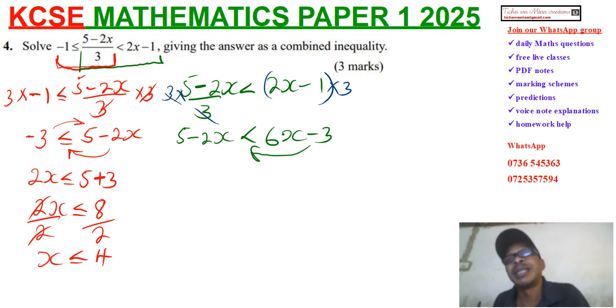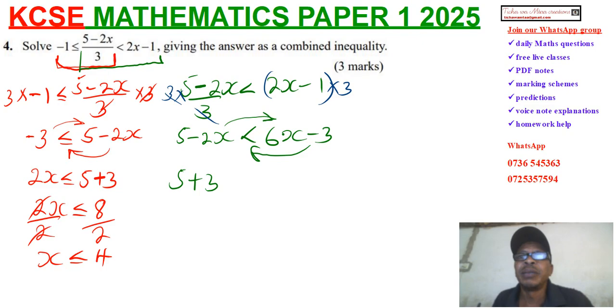It works like the equal sign. Because the 3 is negative, it will become positive. So 5 plus 3. We take 2x to the other side. It is negative, so it will become positive. So it is less than 6x plus 2x.